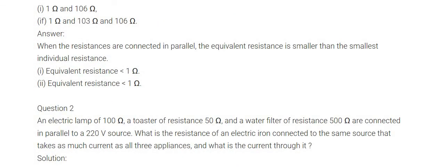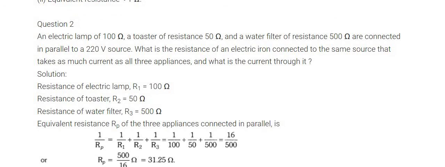Let's move further. Question number 2: An electric lamp of 100 ohm, a toaster of resistance 50 ohm and a water filter of resistance 500 ohm are connected in parallel to a 220 volt source.